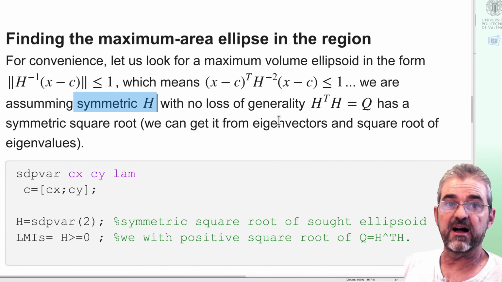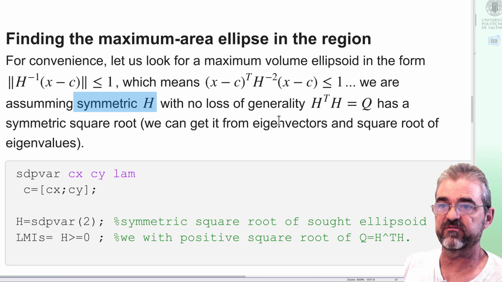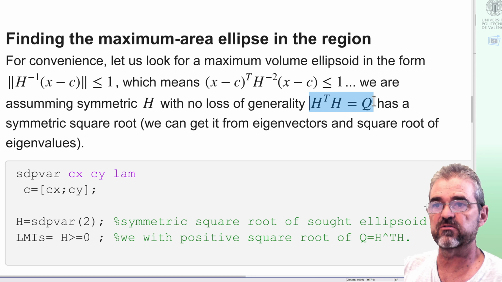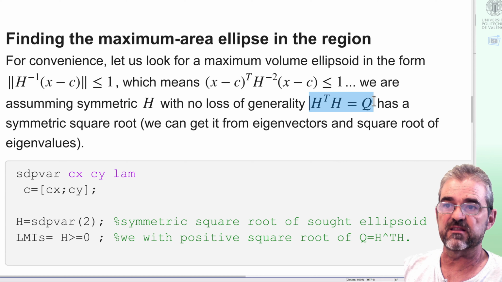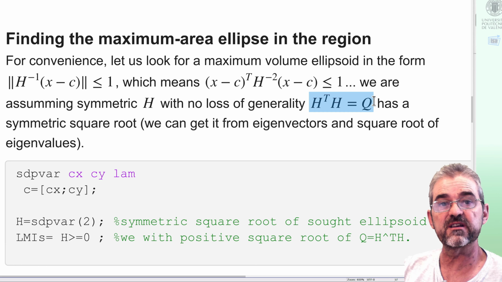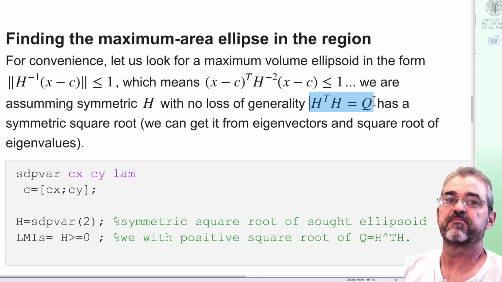From eigenvalue and eigenvector computations with the square root of the eigenvalues, I can compute a symmetric square root of any matrix, so we are not losing generality in saying that H must be symmetric and positive definite, because we want the positive square root. Let's say 9 has two square roots, plus 3 and minus 3, and we wish plus 3.